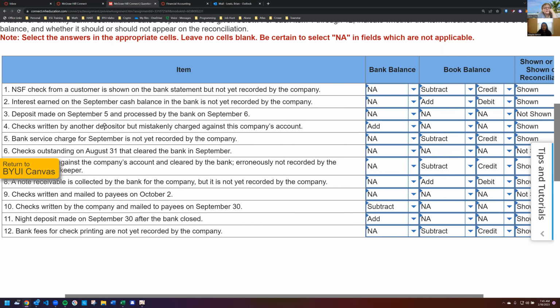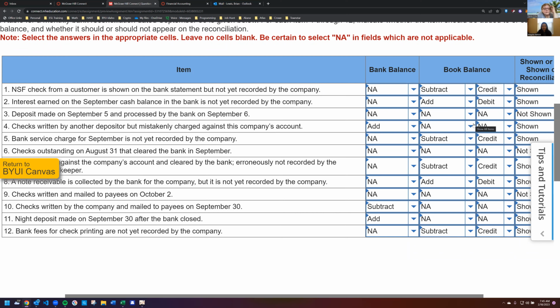Checks written by another depositor, but mistakenly charged against the company's account. If it's mistakenly charged against our account, it's not something we're going to want to record because it's not our issue. It's the bank's issue to figure out. So theoretically, this should not show up on our bank balance.